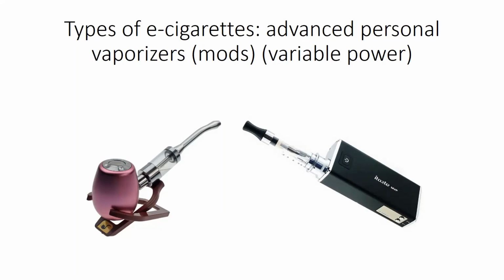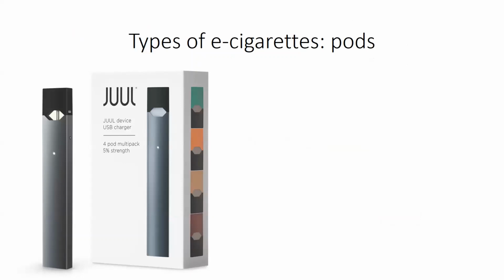They come in different shapes. Some look like pipes, although I've never really seen this in real life, but most of them look like what is on the right, which is the box mod. Then you have these new devices which look like USB sticks, the pod devices. Juul was really the pioneer of this type of e-cigarette, and these are very popular.